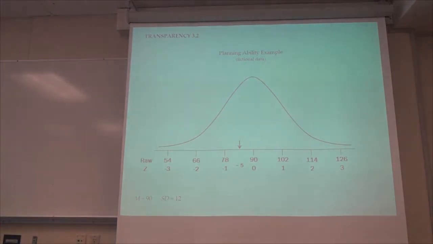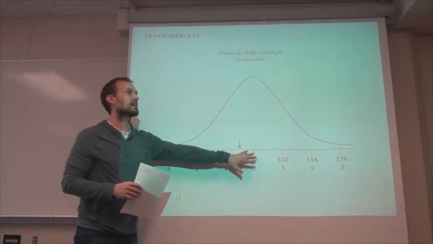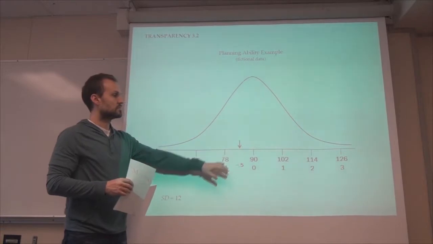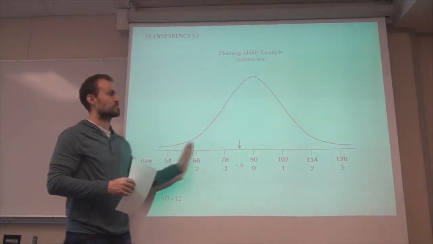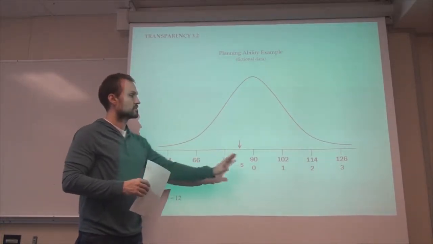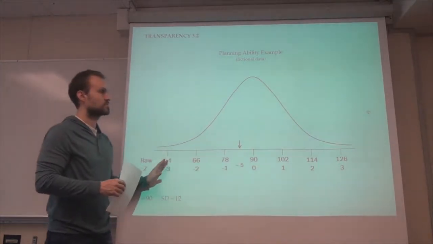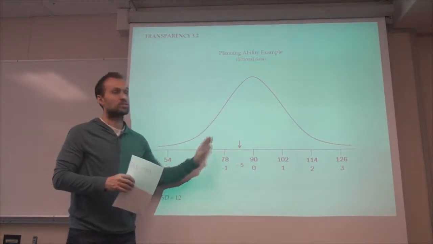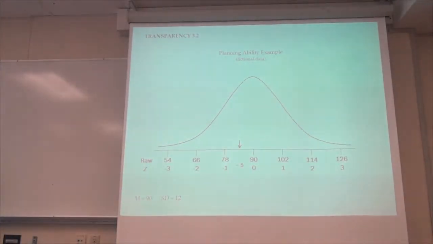So it gives me a way to standardize the numbers. Regardless if I'm working in the 90s, the z-score tells me 0, 1, 2, negative 1, negative 2, in terms of steps away from the mean.